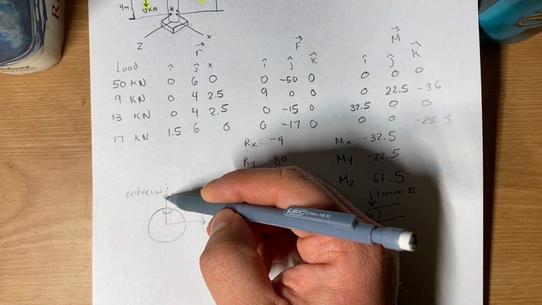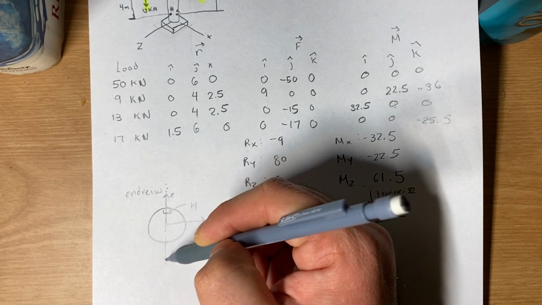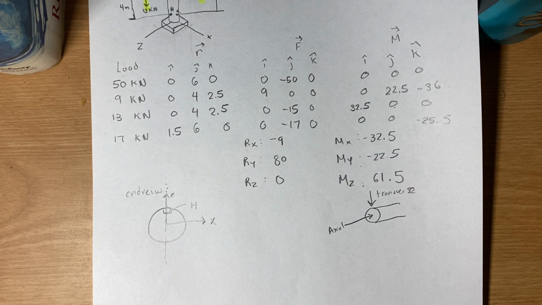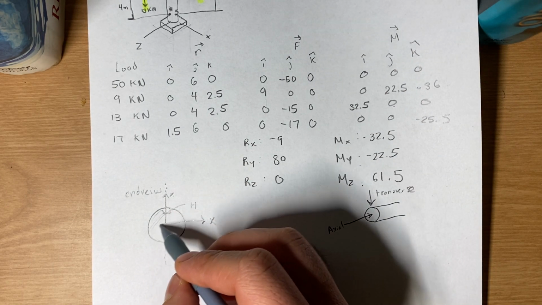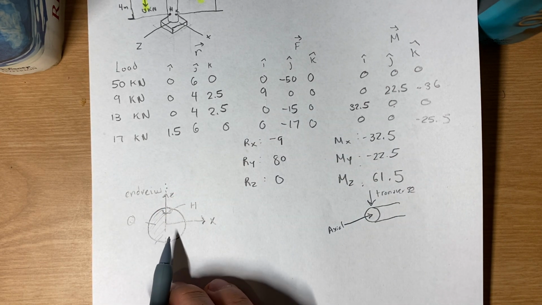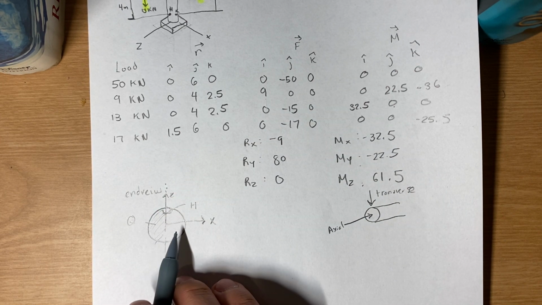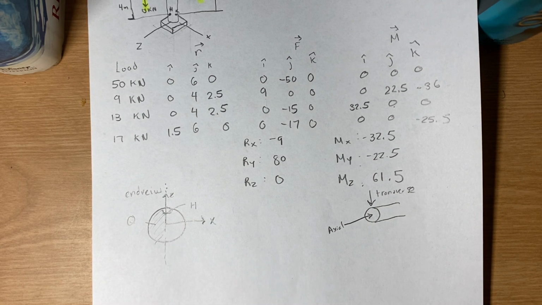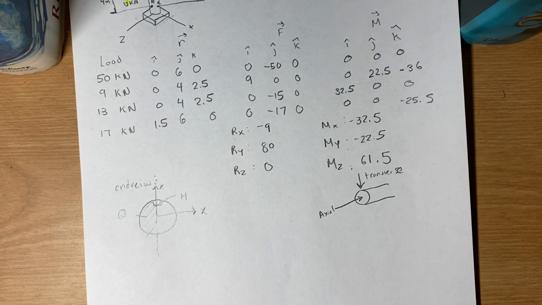I know that my neutral axis is going to be here, and this area right here is going to be my Q. In order for there to be a neutral axis, the areas on both sides have to equal each other.